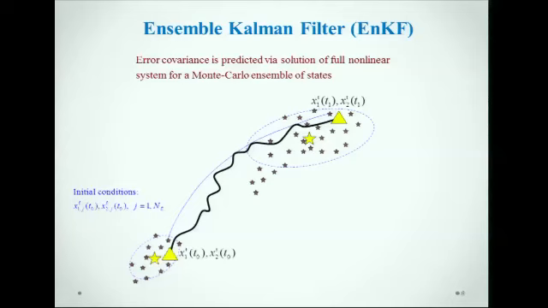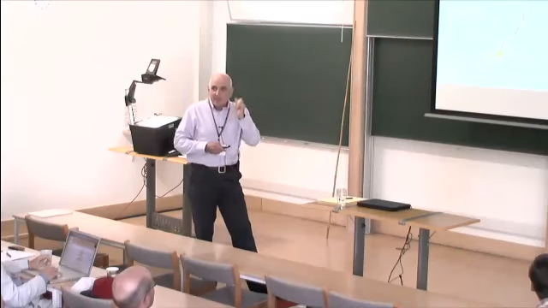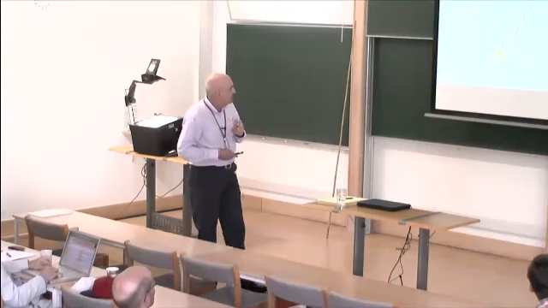These are subscripted now by j, and j goes from 1 to NE, which is the number of elements in the ensemble. That spray evolves up to here. And then you try to make an estimate out of that. In fact, really all you do is estimate an error covariance out of that spray.